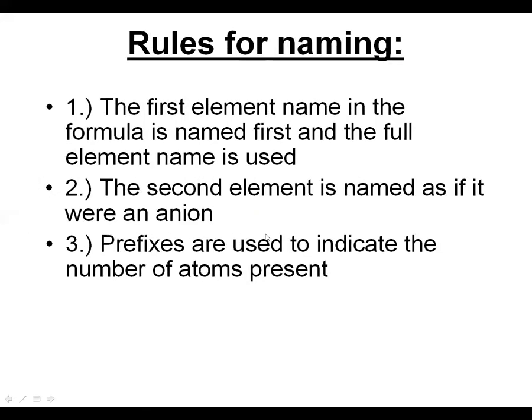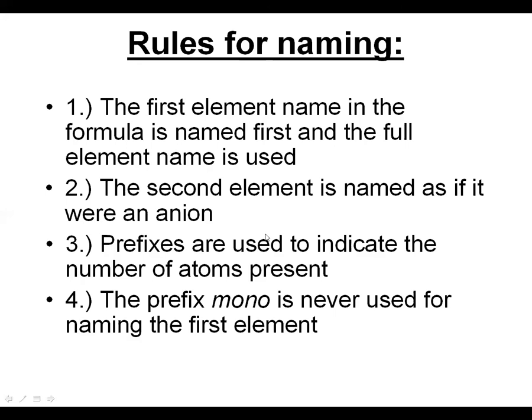So when we name type 3 guys, we essentially will use prefixes. We'll see a list in just a second, like mono for 1, di for 2, tri for 3, tetra for 4, and so on. And this is actually the place where you should use prefixes, not in all the wrong places where most people want to use them. You do actually want to use them here. A couple of things with the prefixes.